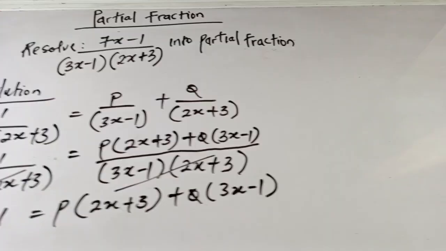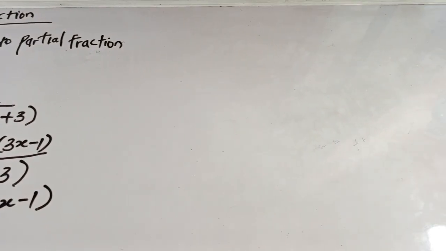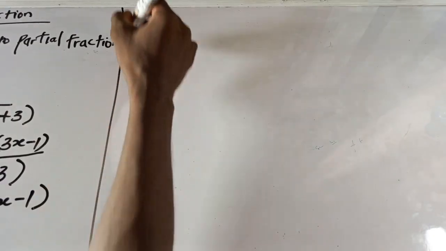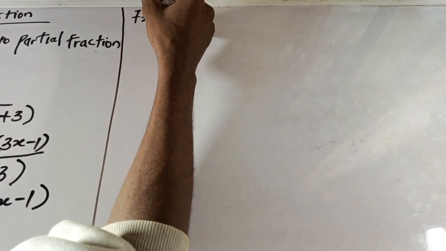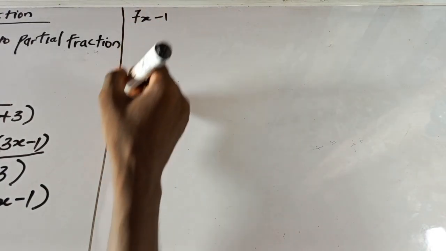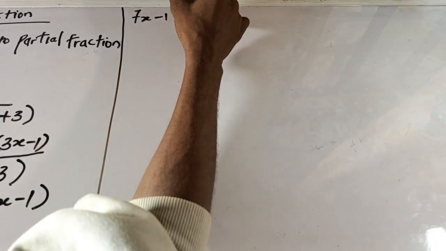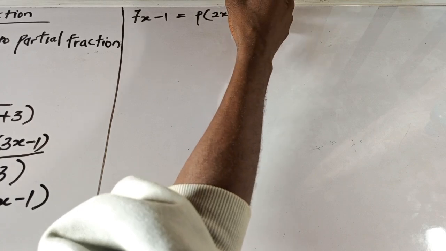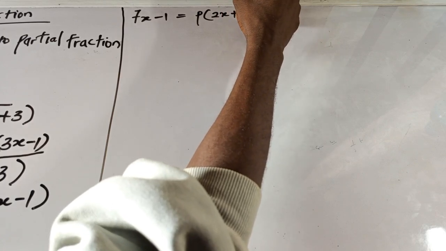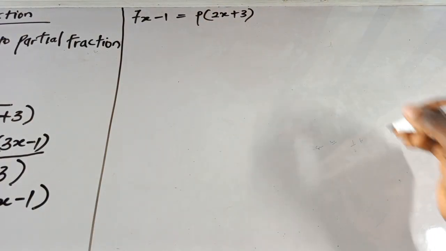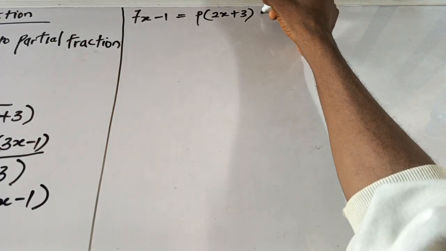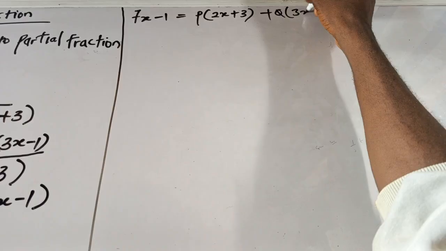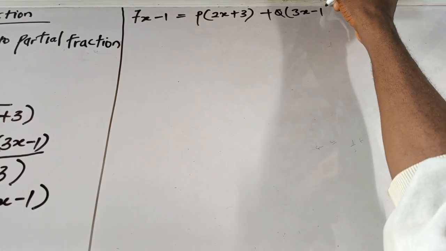Let me rewrite this on the other side. So we have 7x - 1 equals P into (2x + 3) plus Q into (3x - 1).